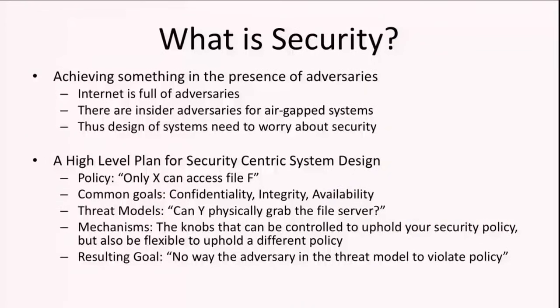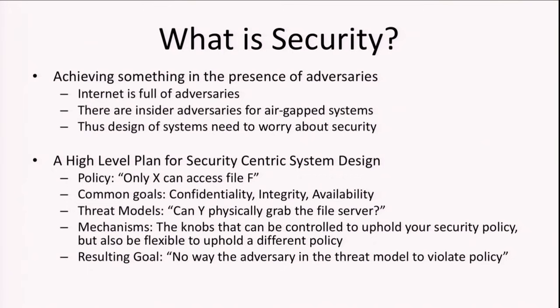So the internet is full of adversaries, because there are people who are always trying to attack your system. They're always trying to make money out of your vulnerabilities. So in the presence of these adversaries, you have to design your system so that it is not possible to attack by these adversaries.